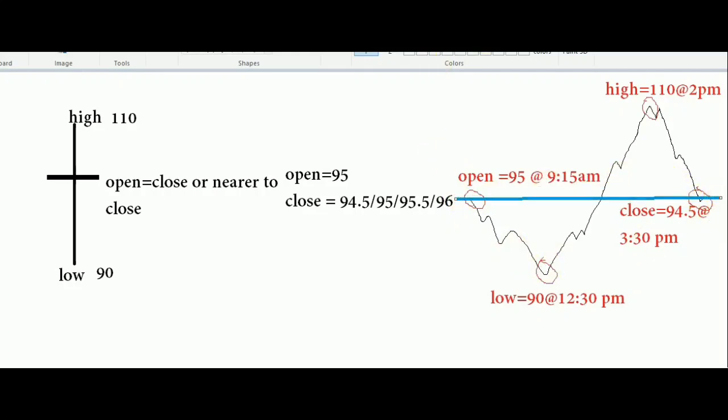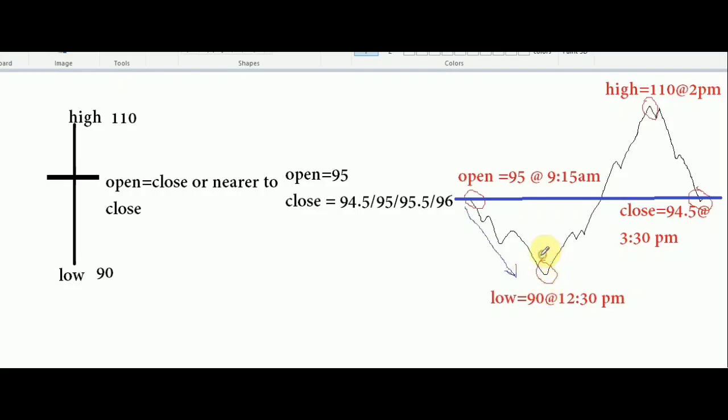Now let me draw another line here. Just watch it minutely: the market opened at 9:15 when the price was 95. Here it is coming down. Why? Because there was selling pressure, because the bears dominated the bulls, because the supply pressure was greater than the buying pressure, and you know when supply is greater than demand, then price comes down, and vice versa.